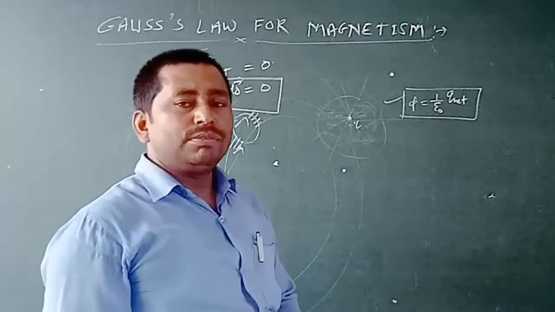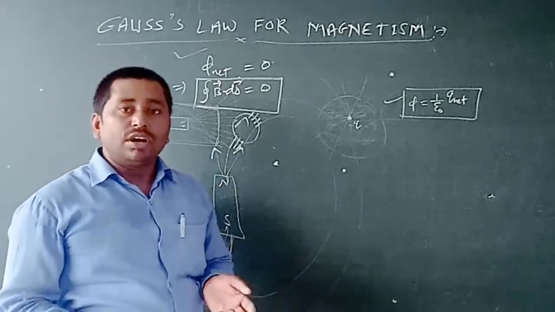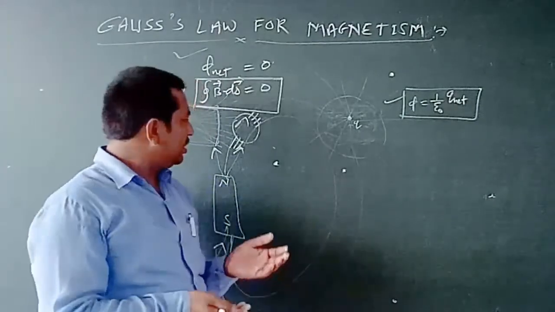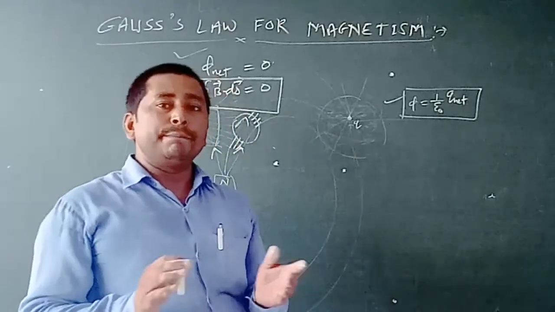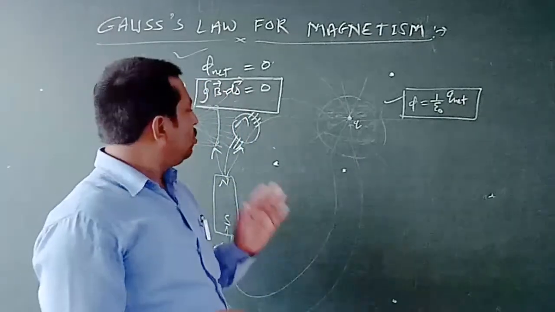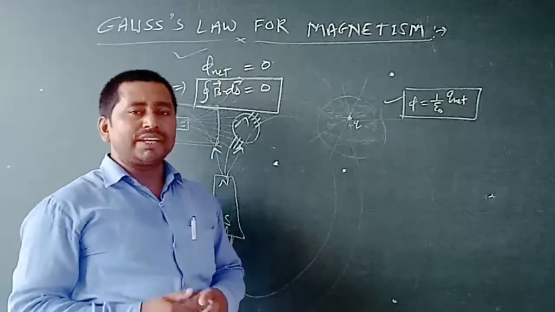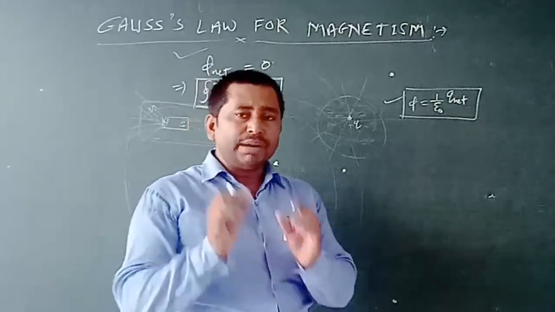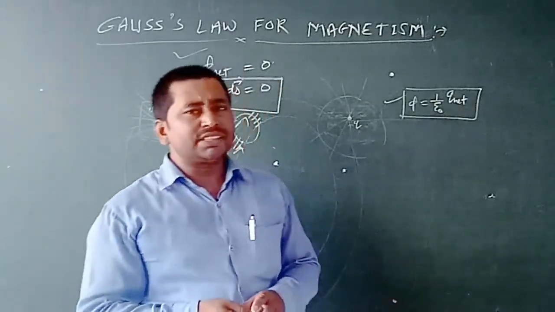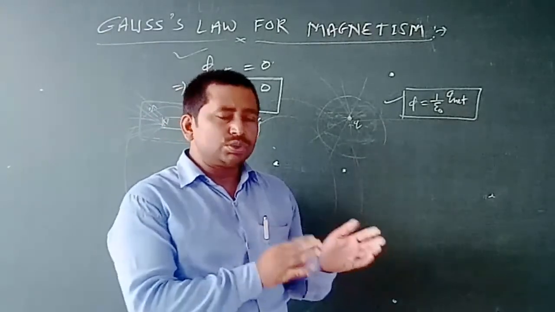With the help of Gauss law for magnetism, we can conclude that the existence of a monopole is impossible, and there is no method to separate the single pole of a bar magnet. Because when we break the bar magnet into two or more different pieces, each piece contains a south and north pole.